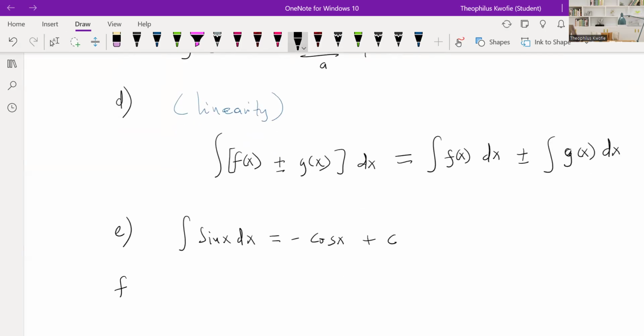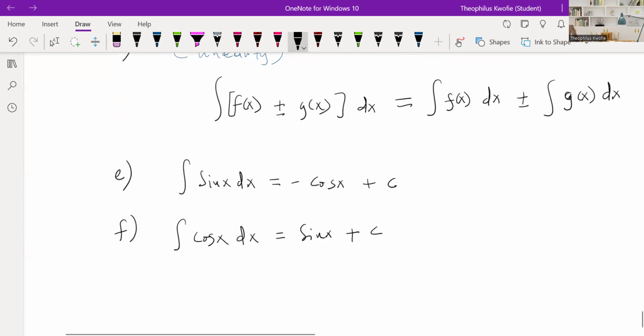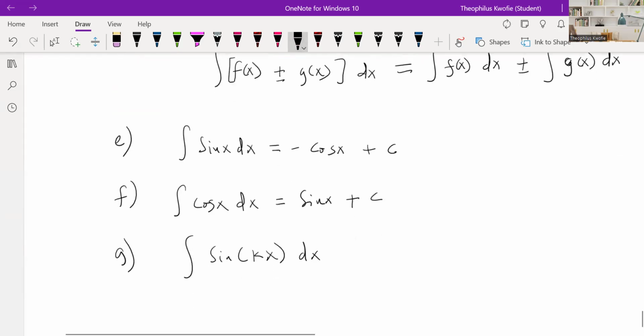Very important. And then the integral of the cosine of x is sine x plus c. Now, what if I take the integral of sine of kx?